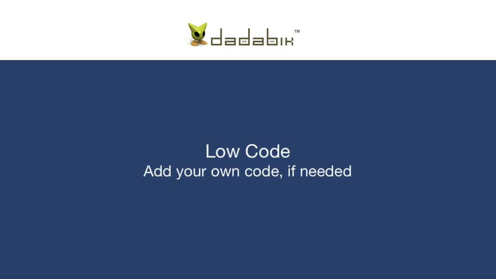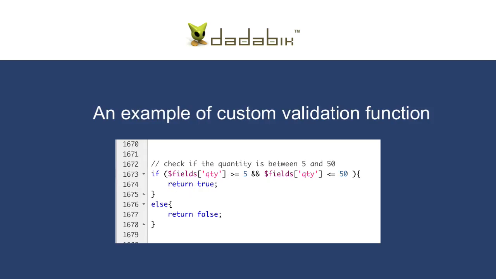In addition to these no-code tools, you can always add your own PHP and JavaScript code as needed to define calculated fields, custom validation and formatting functions, custom buttons, or implement events-based code using hooks. The low-code approach to developing in DaDaBIK allows you to inject your own custom code without touching the DaDaBIK core code.